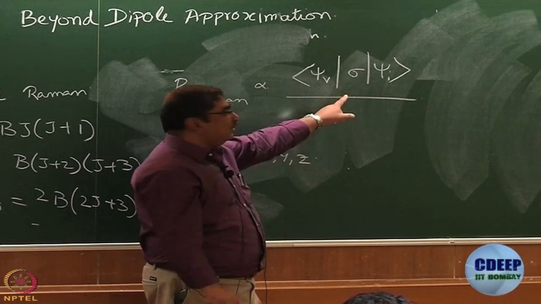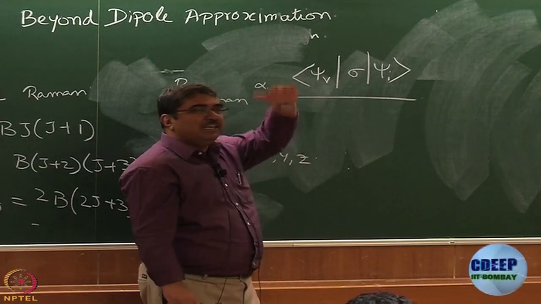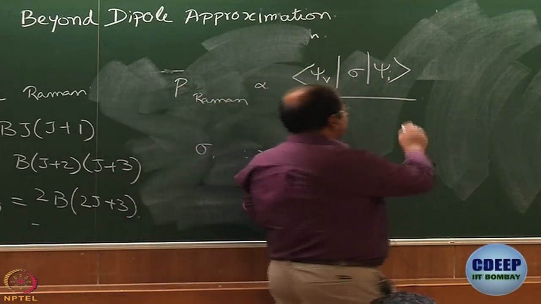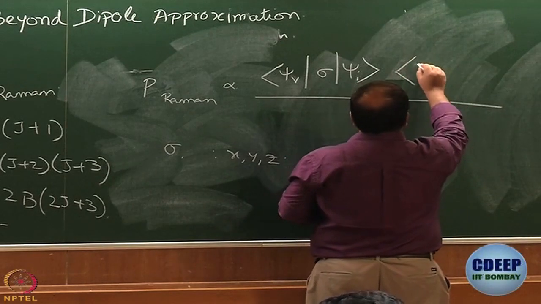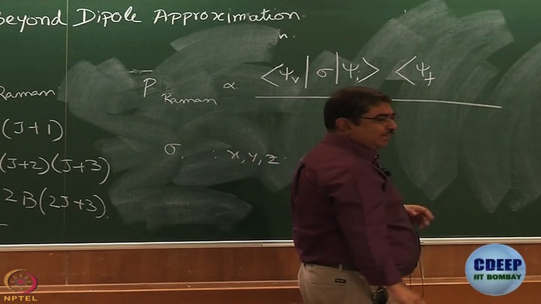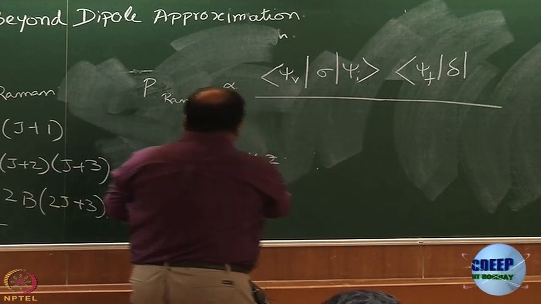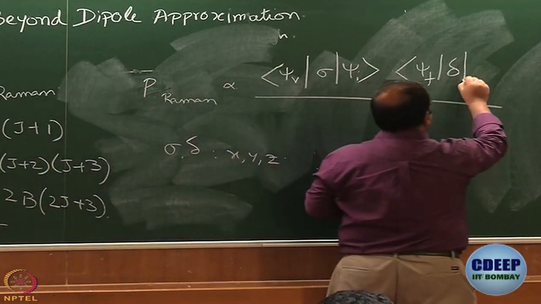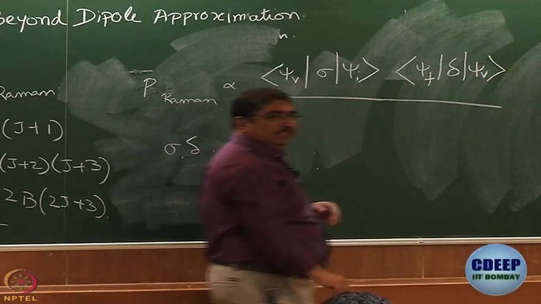But now that is not the entire story, right. This stands for the promotion of the system from the initial state to the virtual state, that is multiplied by another transition moment integral type of integral, which is psi f. You can understand that f stands for final. Now, I will write delta, delta is also either x or y or z, psi v integrated over all space.